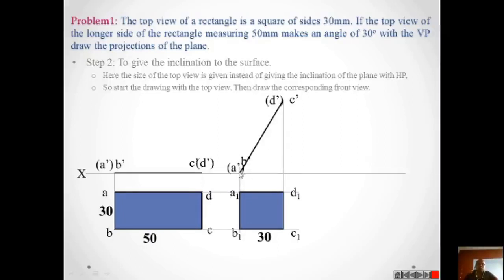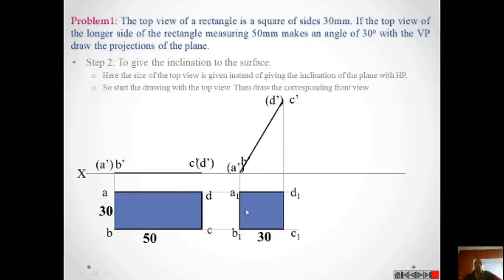This projection will cut at A dash B dash, and on this projection we have to identify where C dash D dash should be. So take this distance B dash C dash, and from here you draw an arc on the projection of C dash D dash, you will get a point C dash D dash.